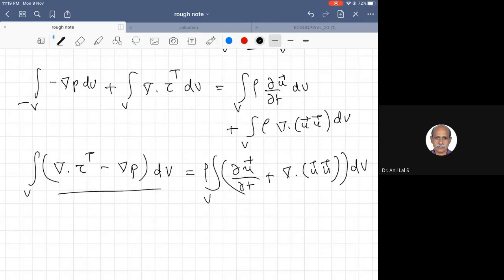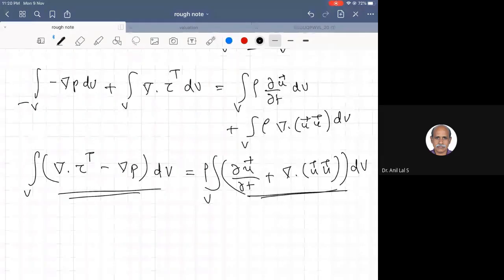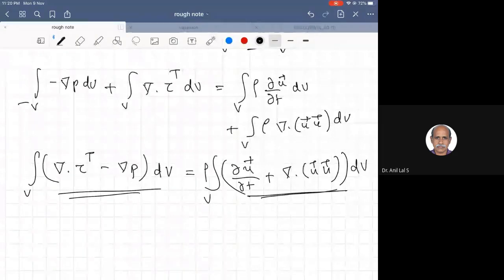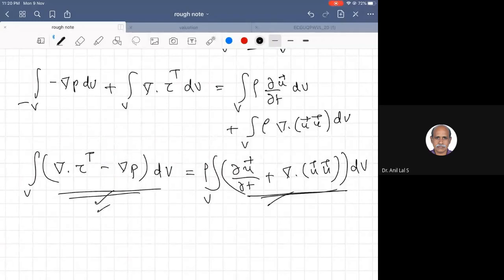Here we have a volume integral on both sides. This equation is applicable for any kind of volume, a small volume or a very large volume. By applying it to an infinitesimally small volume, we can equate the integrands. That is the application of this integral equation.